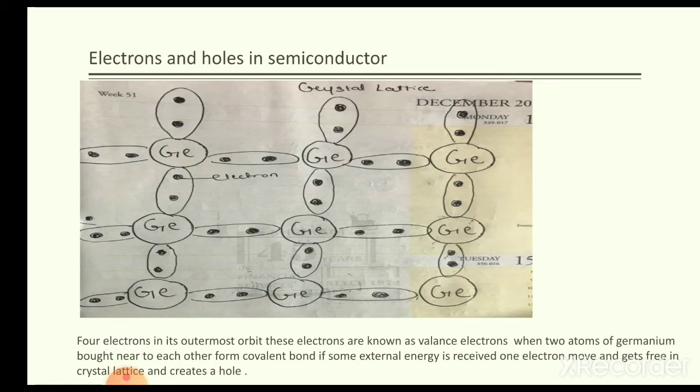So germanium forms covalent bond with another germanium atom. In this diagram you can see the germanium forms covalent bond with another germanium atom.